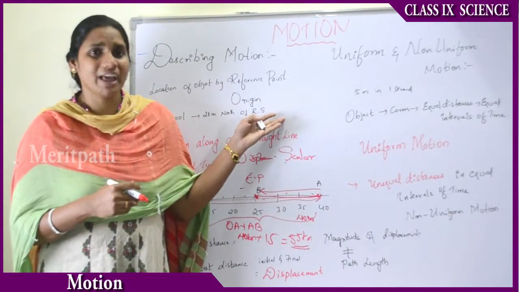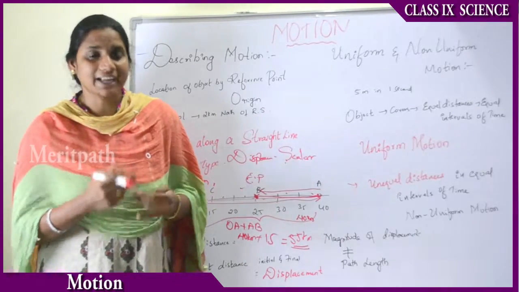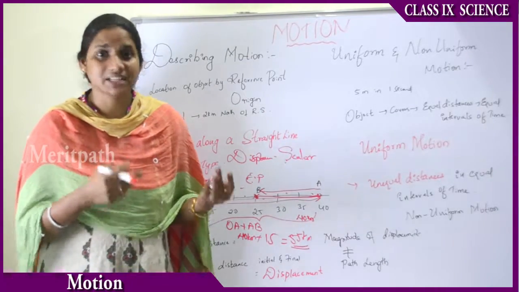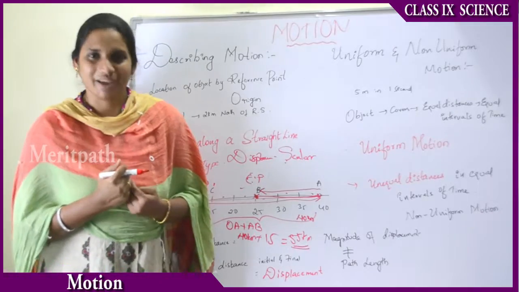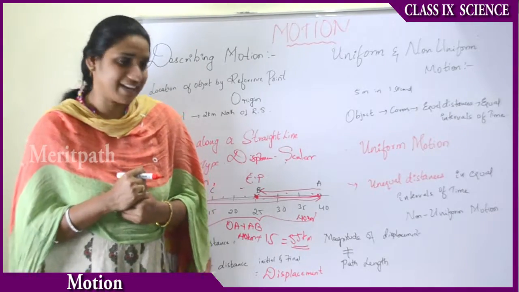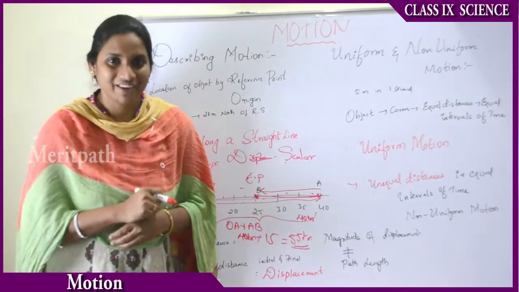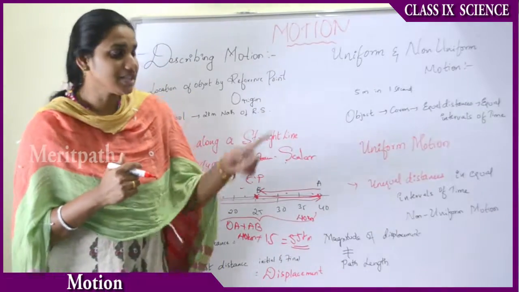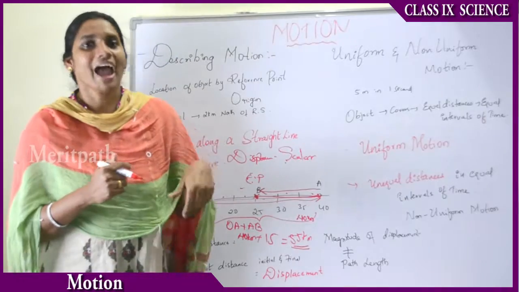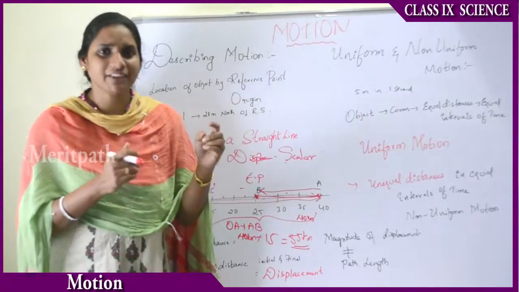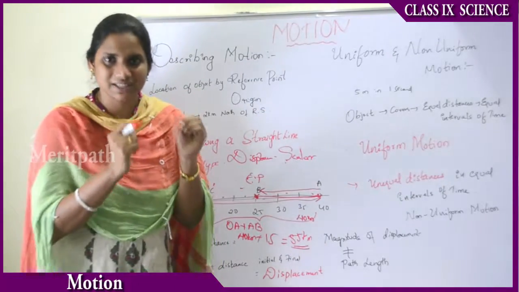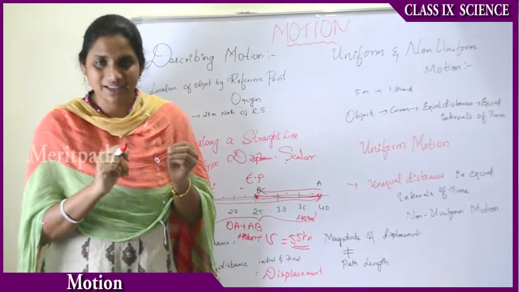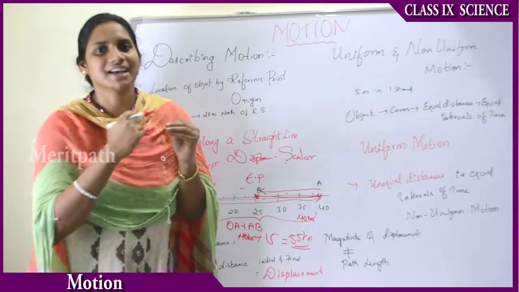We can give a good example: we get summer, rainy and winter seasons. Why? Because the earth is moving. We cannot see it, and we feel that it is stationary, but the earth is moving around itself and also around the sun. Sometimes it is nearer to the sun, which is summer, and when it is farther from the sun, it is winter for us.